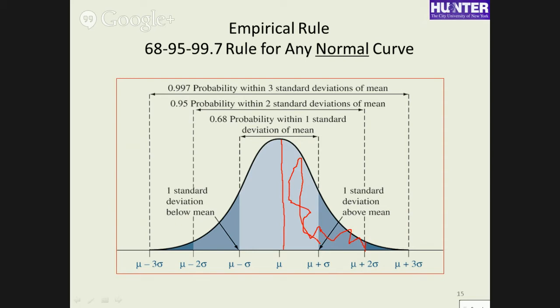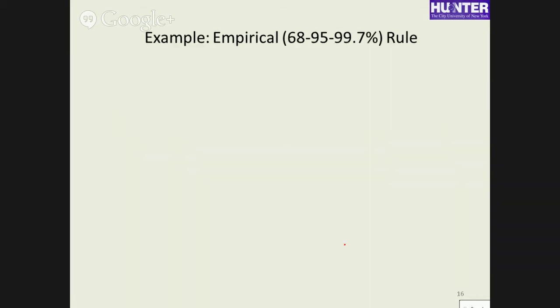What's that? 47.5. Yeah, 47.5. Because it's symmetric, so it's 95 between +2 and -2, and half of that is 47.5. All right.